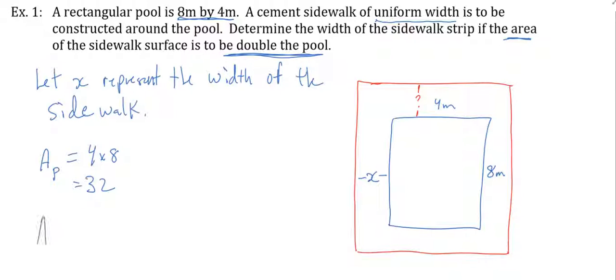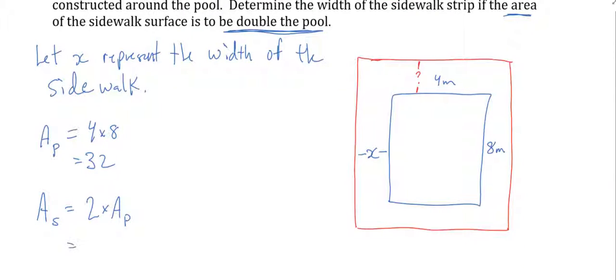And the area of the sidewalk is twice, double the pool. So 2 times the area of the pool, which is 2 times 32, which is 64. Good? What's the other thing that we have to do?